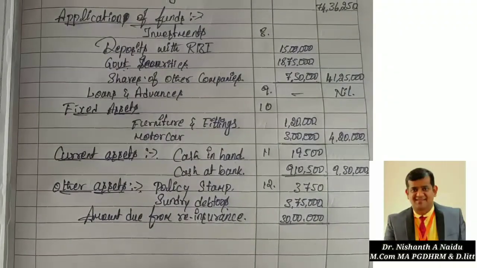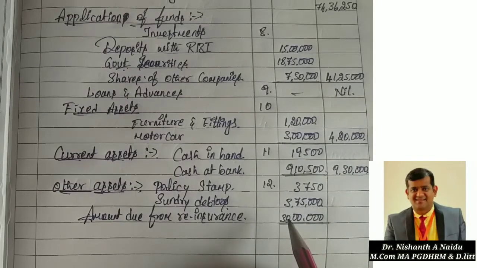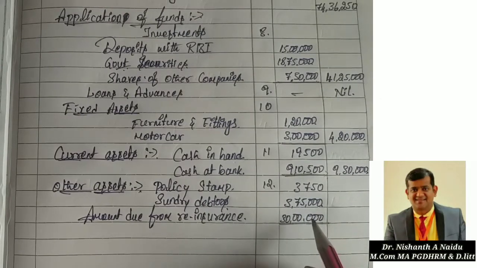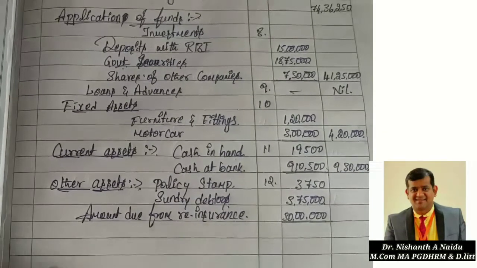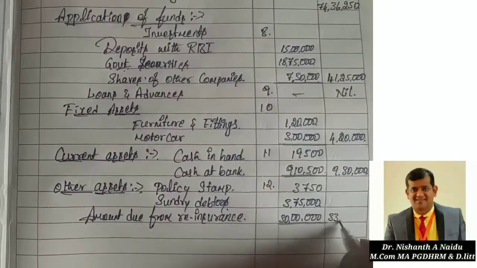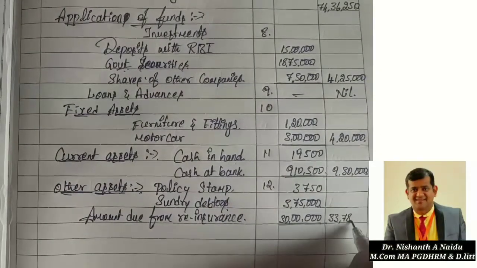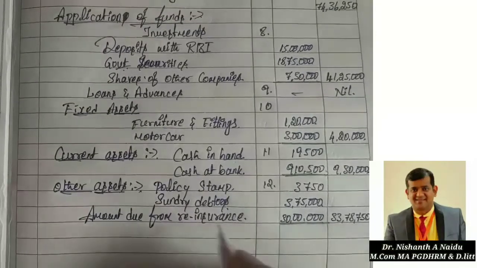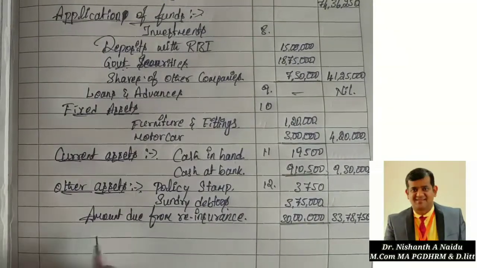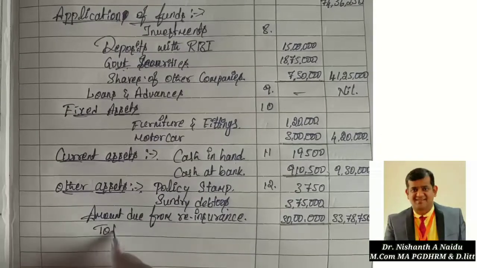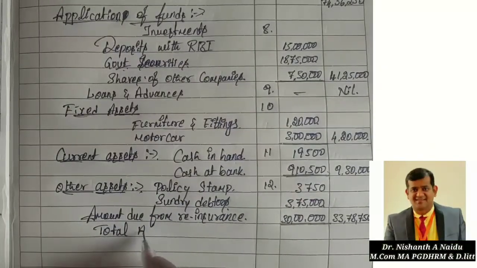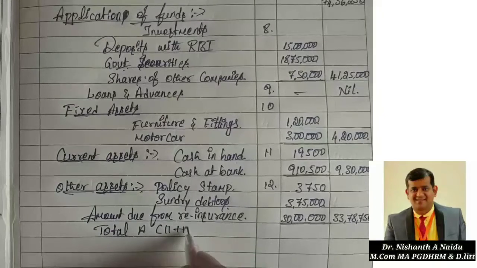Now total it: 3,750 plus 3,75,000 plus 30 lakh. That comes to 33,78,750. So I'm writing 33,78,750.